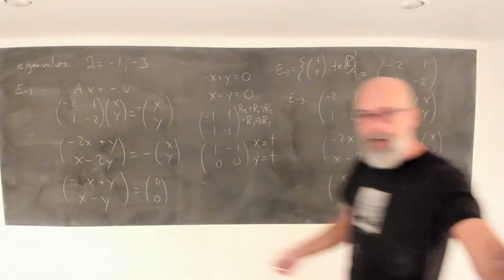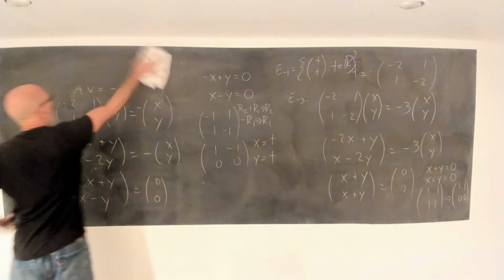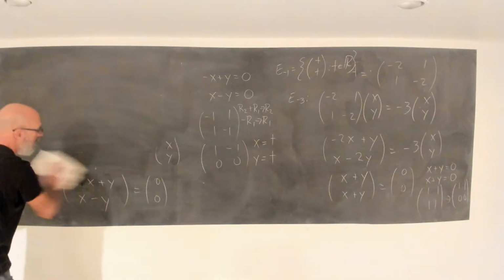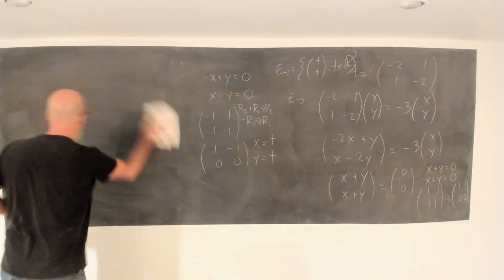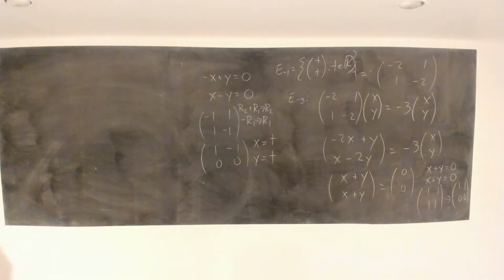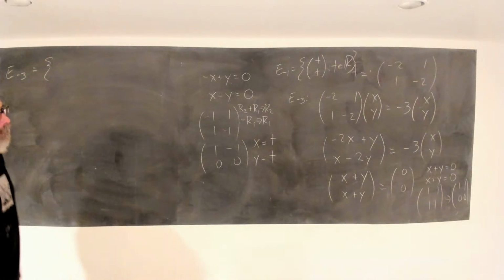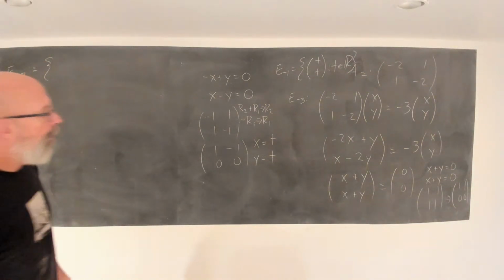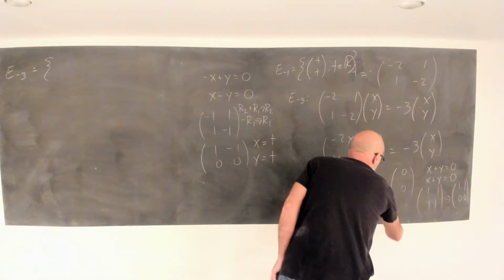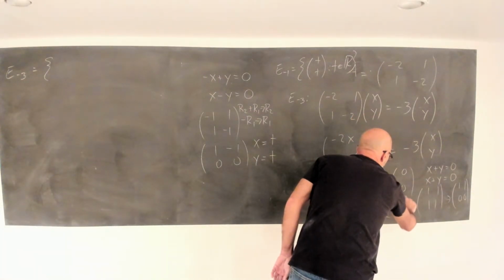And so the eigenspace associated to -3: y is t again, and x is minus t.